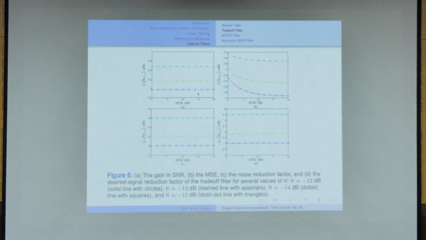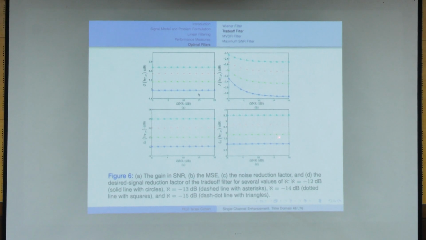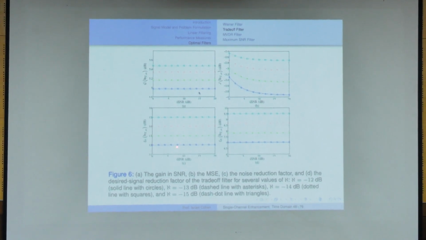In this example, I didn't prove that it's always true, okay? But for this example, you see that even though we increase the noise reduction and have less noise, the total MSE increases, which means that the distortion increases at a rate higher than the rate of decreasing the noise. It has more effect.